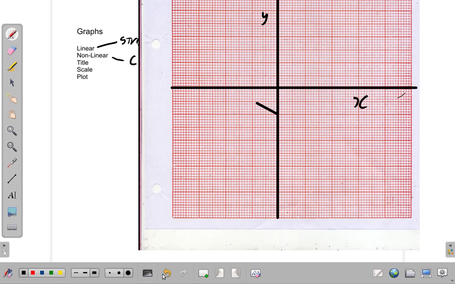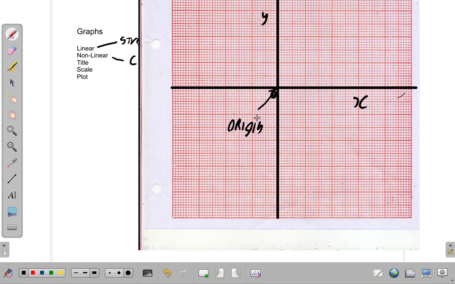Where the x and y-axis cross each other is called the origin. Right? We soon come to the scale. When we put on the numbers, we'll talk about the scale. The origin. Now, here you normally have 0, and then you have the other numbers.